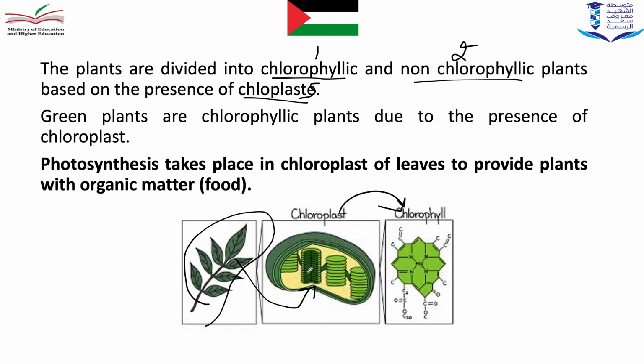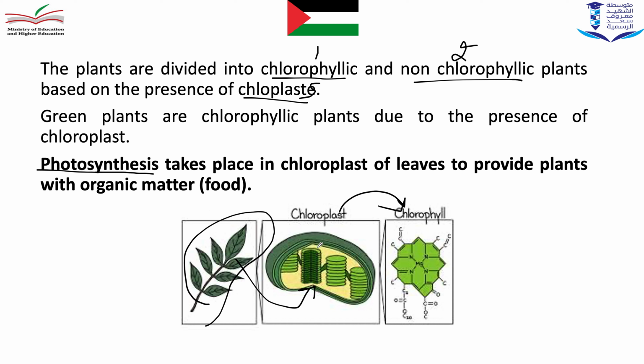But all we need to know is the importance of the chloroplast. The chloroplast is a structure important for photosynthesis. Photosynthesis provides the plants with organic material, like food, or the food of plants.